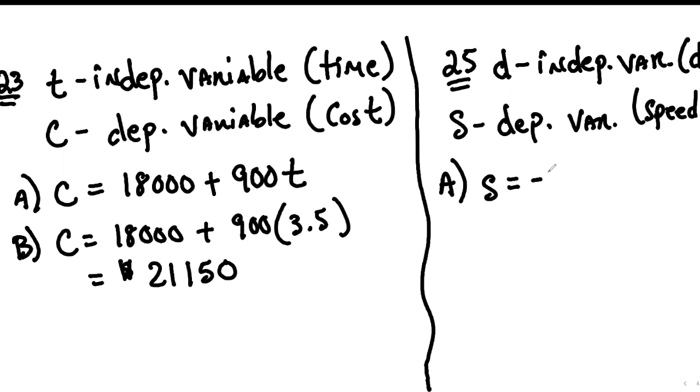So it's a negative 1.1 times your independent variable, which happens to be D, plus the initial. Now, what is my initial? My initial is going to be 40, because on dry ground, we can run 40 miles per hour.